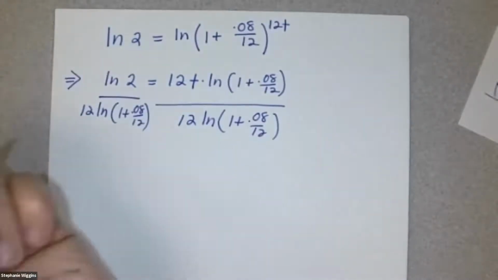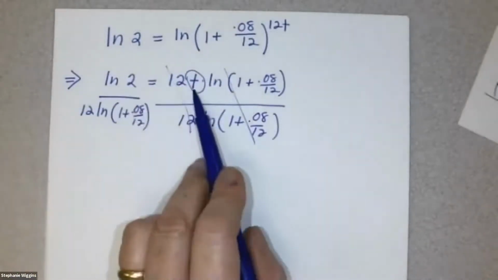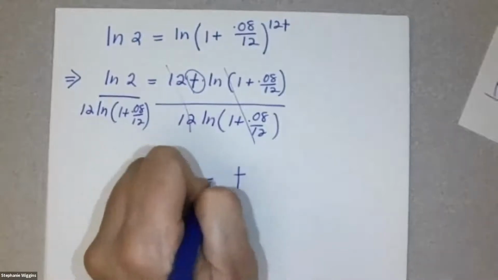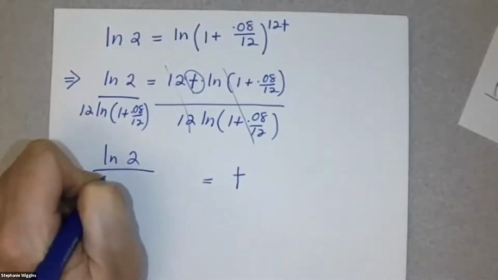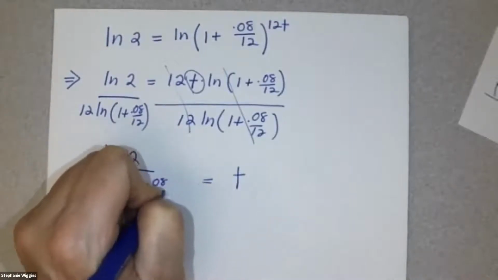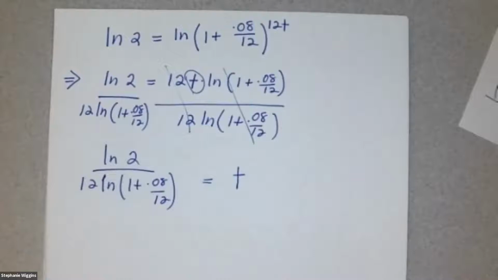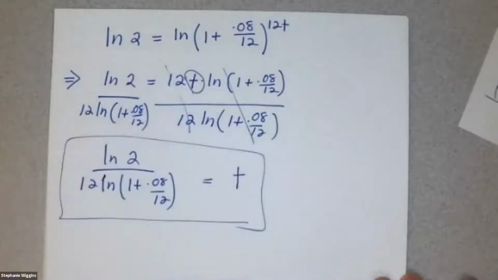And dividing that, this becomes t now, these cancel, and t is by itself. Like that. And now I plug it into my calculator.